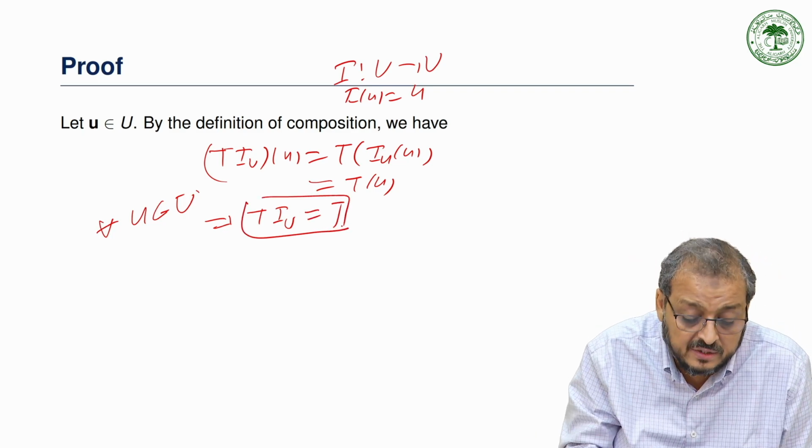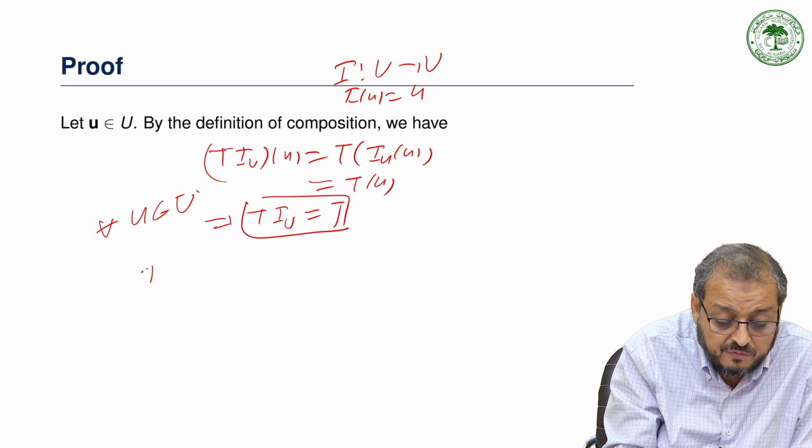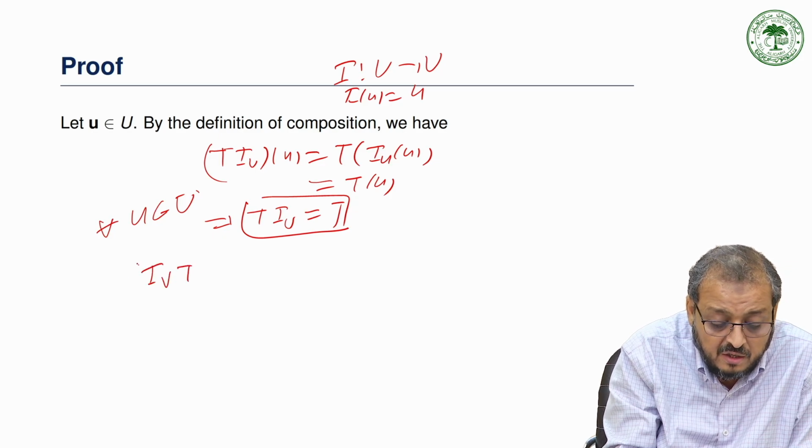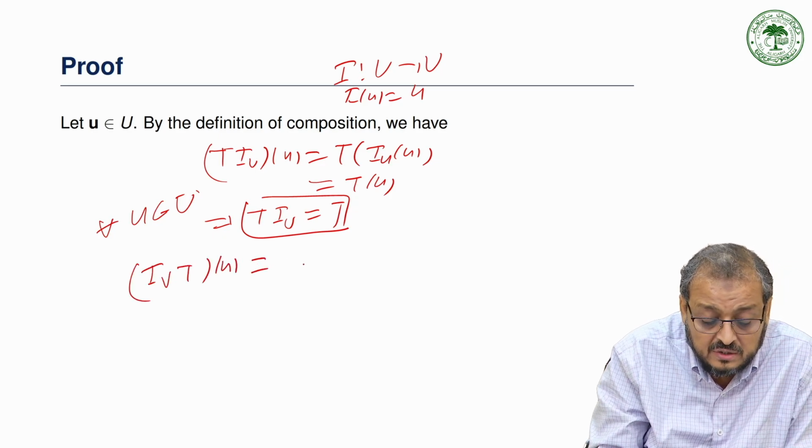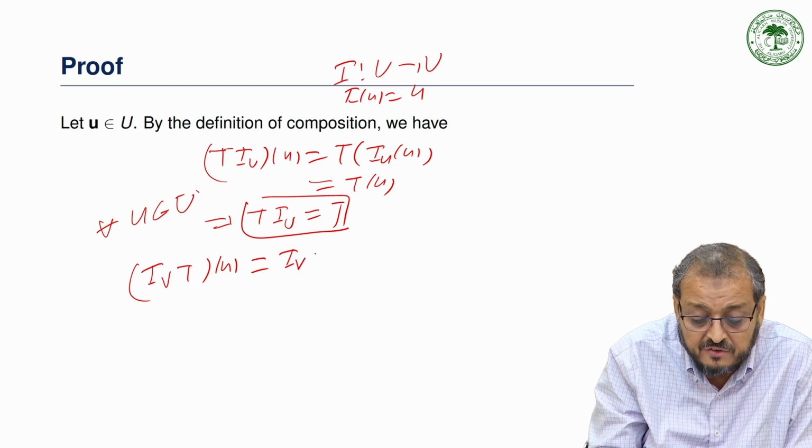And now another way, we just take the identity of V and T over U. Then by the definition of composition of a map, T of u.